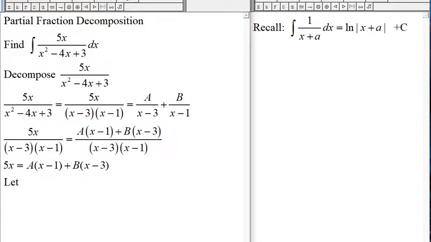So first, let x be 1. Then we have 5 times 1 equal to a times 1 minus 1, plus b times 1 minus 3.